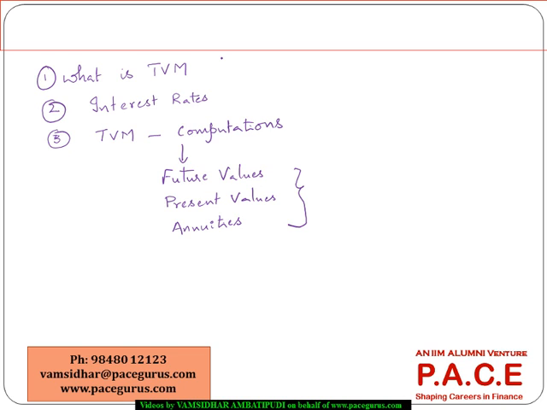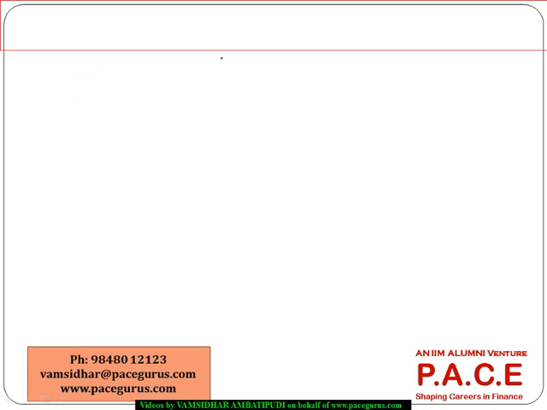See, most of the times what happens is we enter into the processes of either saving money or borrowing. And whenever we do that, when I borrow, let's say I borrow today, but I repay at a later date.